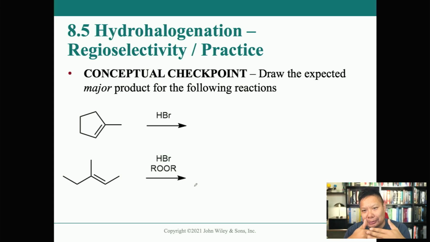It turned out that what was going on was that they were doing their reactions, and if their reagents were pure, then they would get the Markovnikov addition. But if the reagents were not pure, I mean, just trace amounts of an alkyl peroxide, just trace amounts, it would be pushed to do the anti-Markovnikov reaction.